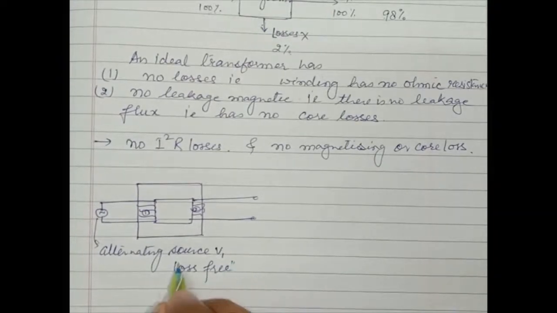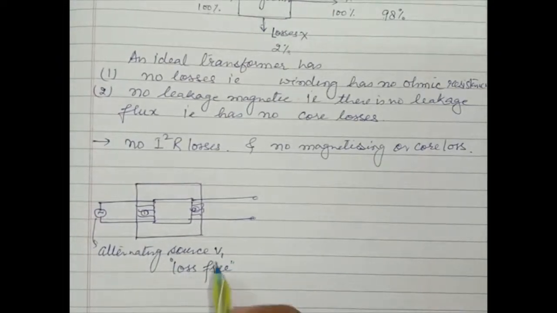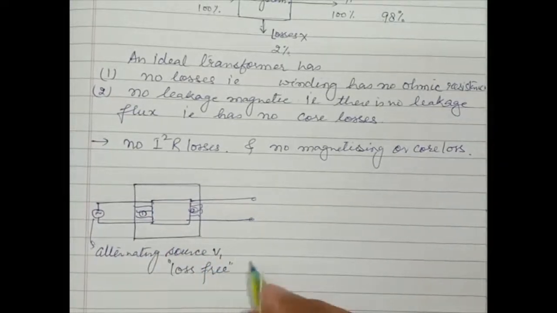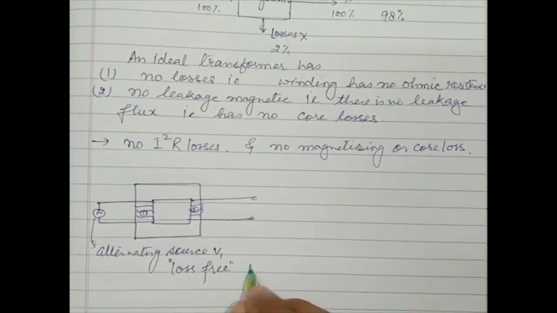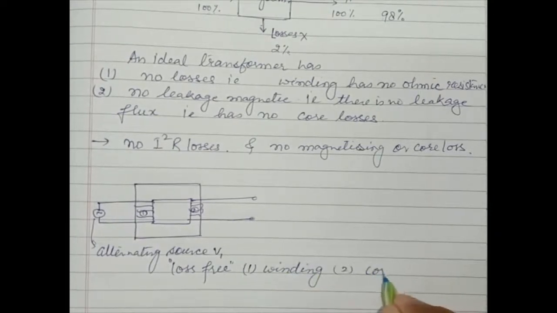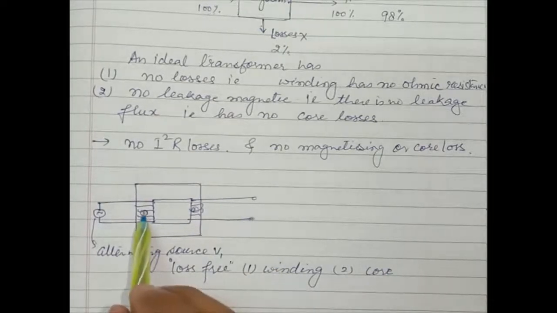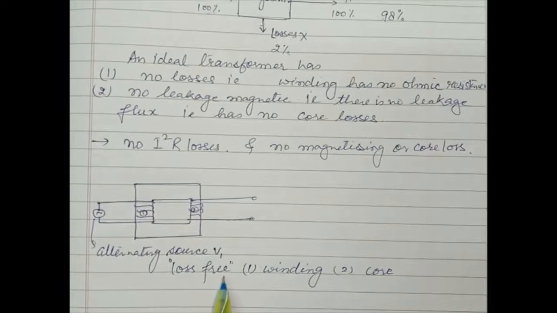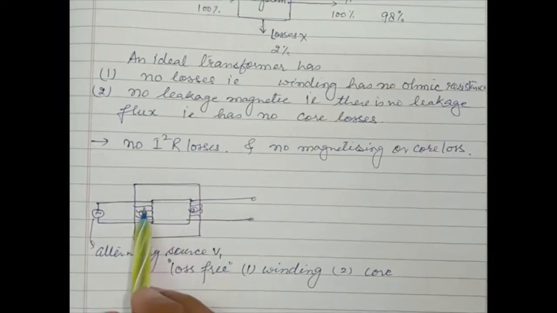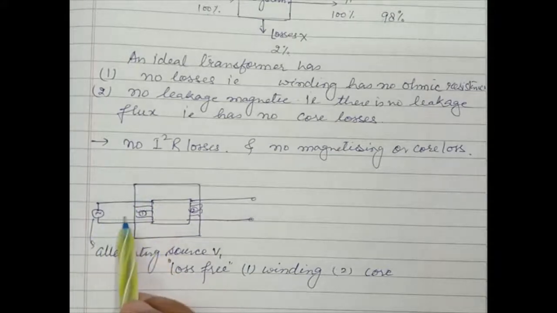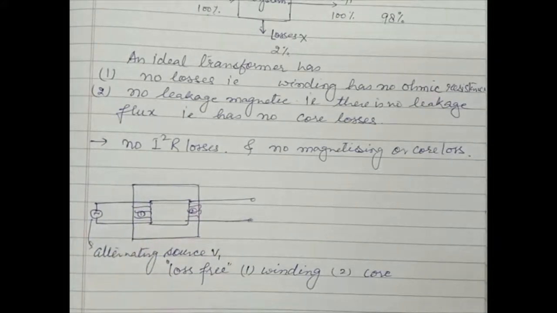We can say the windings are loss free and the core is also loss free. So what will happen when we consider it loss free? This primary circuit will purely act as an inductive circuit.